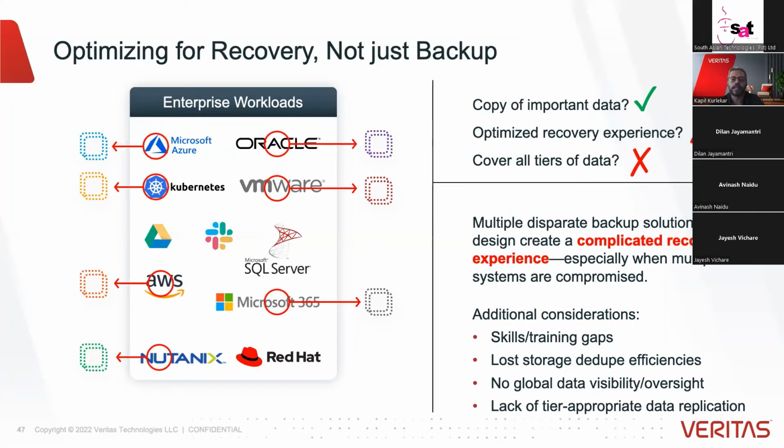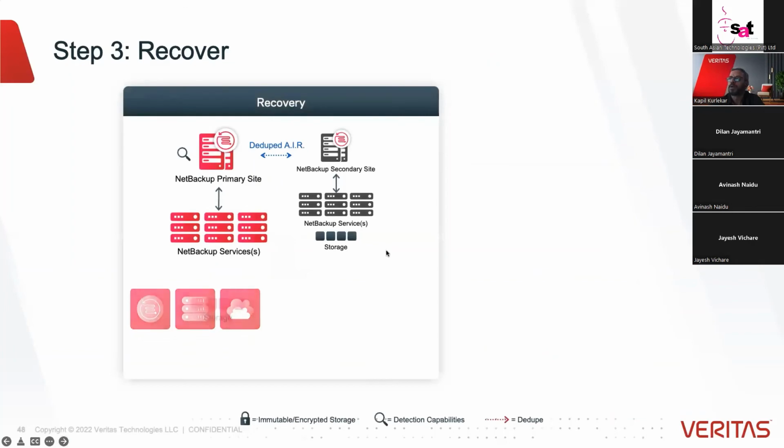NetBackup resiliency can span across all the types of tiers and methods to serve your needs. Again, flexible recovery options is something that we have. Maybe not all of your environment is impacted, maybe just a portion, right?